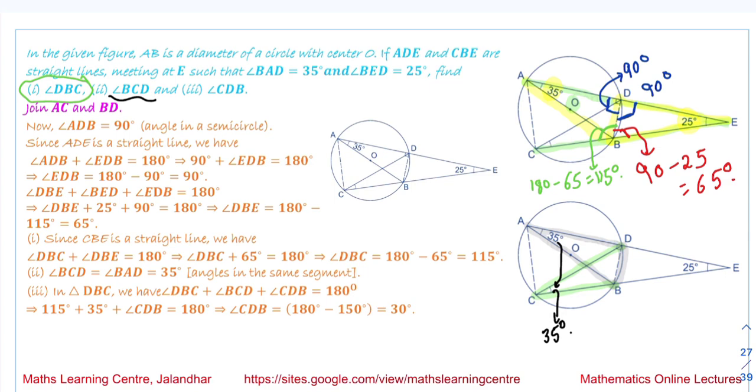So this angle is 35 degrees, this angle we have calculated is 115 degrees. So the value of this angle will be 180 minus 115 minus 35 degrees, and the answer we will get is 30 degrees. So these are the angles that we have to calculate in this question.